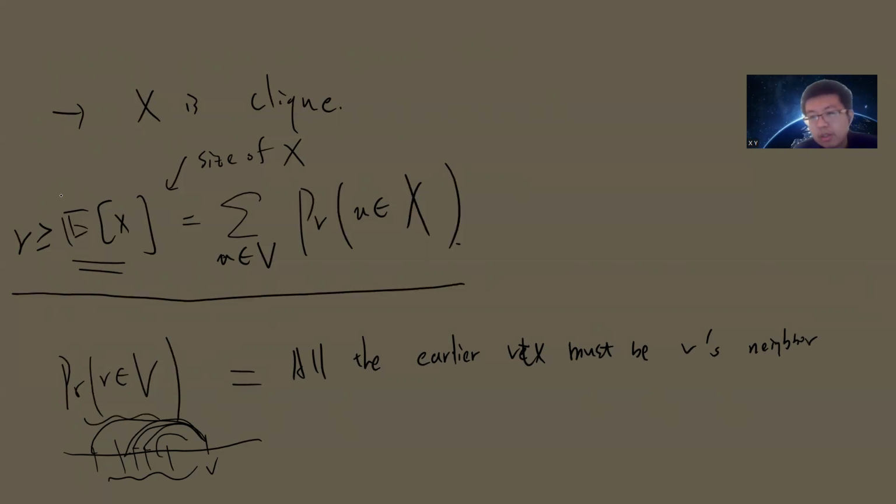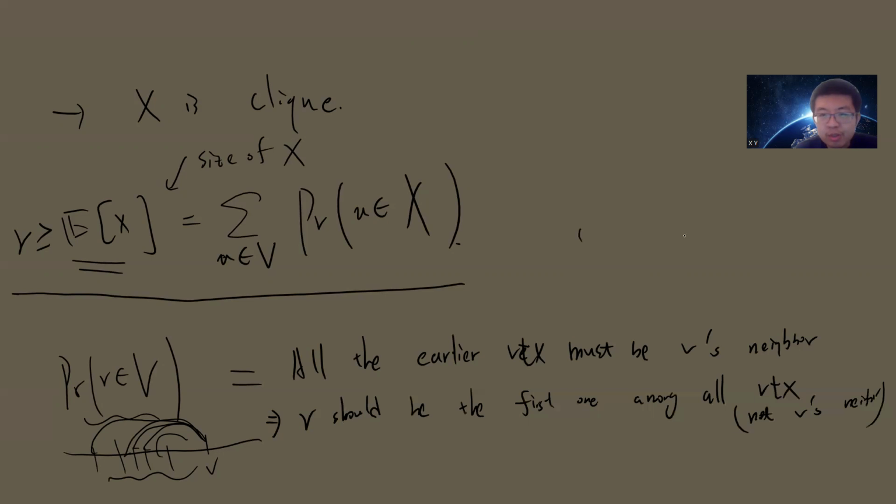But this is the same as saying that among all the vertices which are not v's neighbors, v should be the first one.